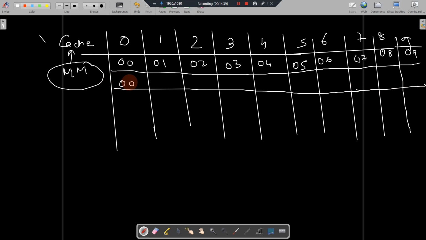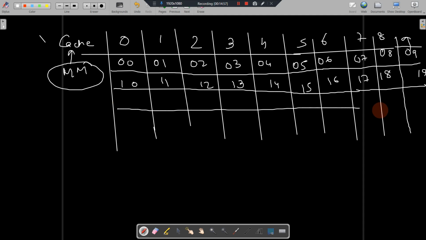Then 10, 11, 12, 13, 14, 15, 16, 17, 18, 19. 20 modulo 10 will give 0, then 21, 22, 23, 24, 25, 26, 27, 28, 29.